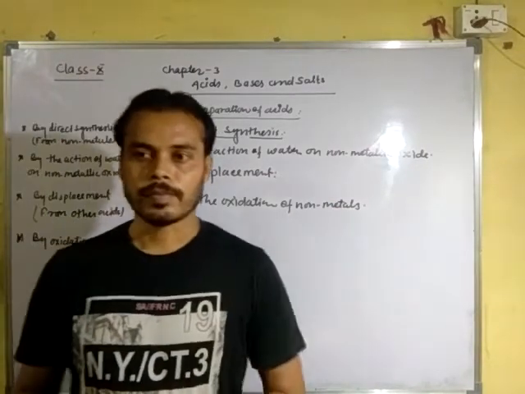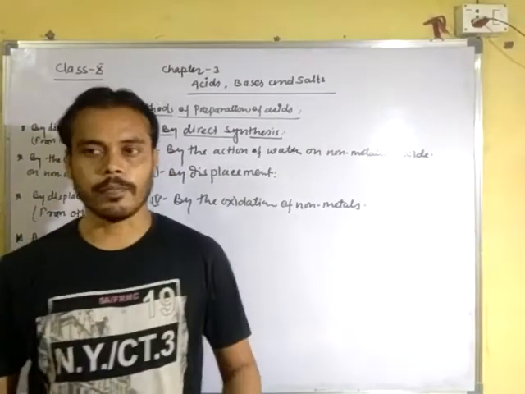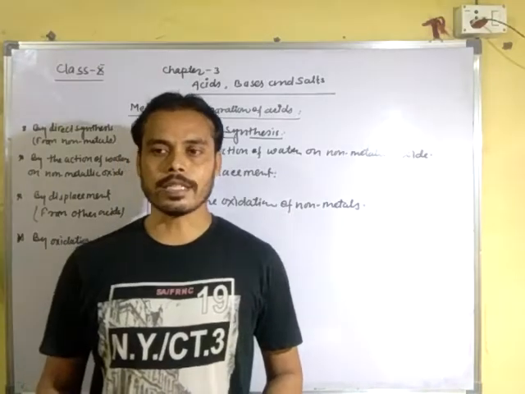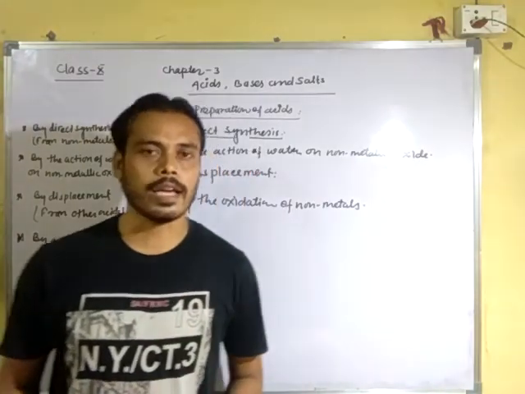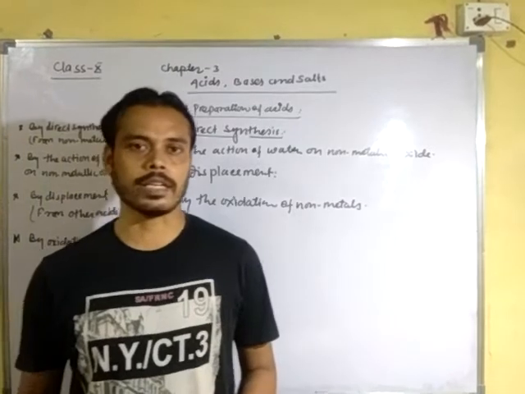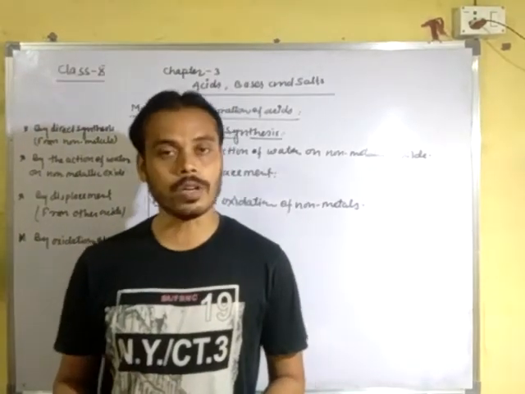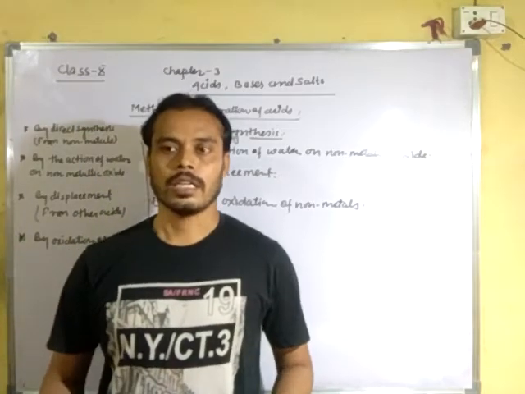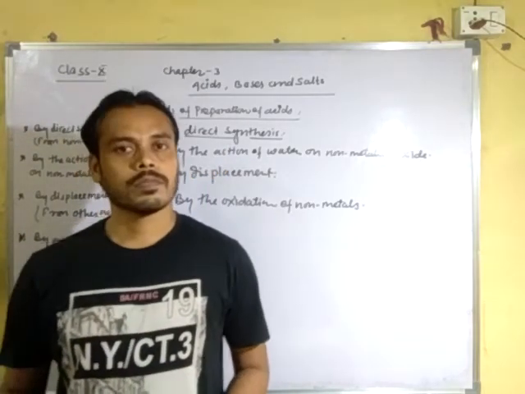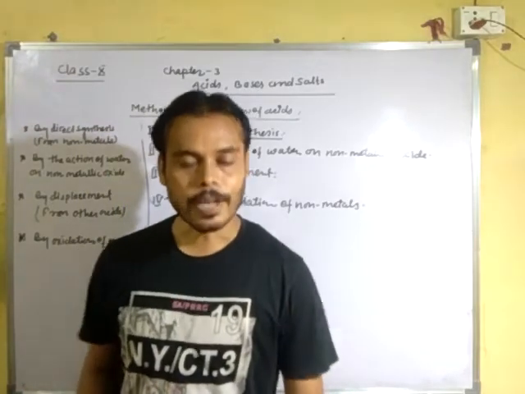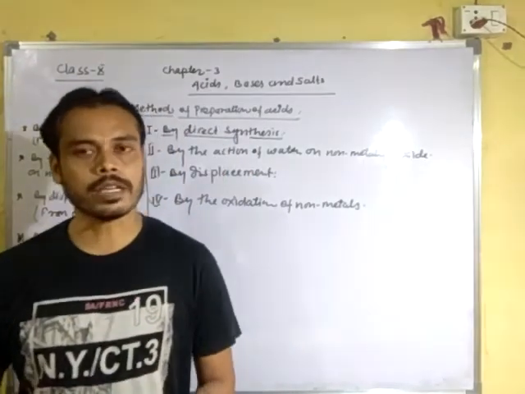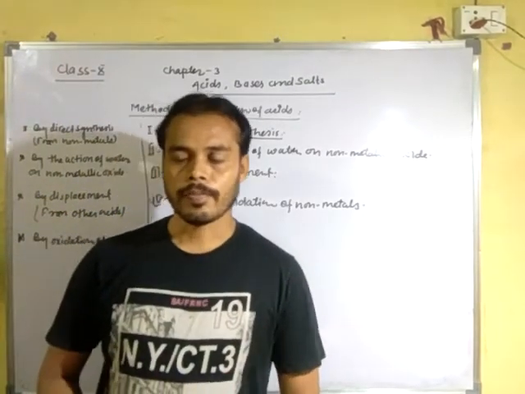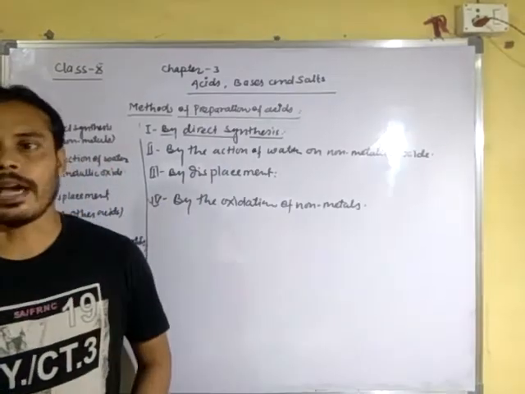In this method, some non-metals, when treated with concentrated nitric acid, are oxidized, as HNO3 acts as a very good oxidizing agent. When sulfur is treated with concentrated nitric acid, it forms sulfuric acid, water and nitrogen dioxide.